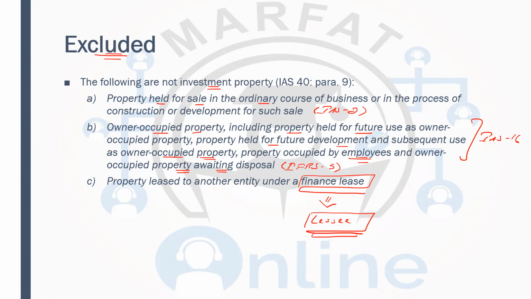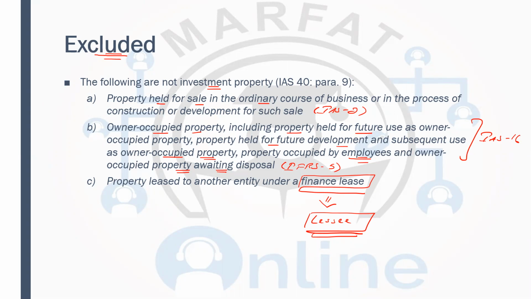The control belongs to the lessee. That is why the lessee is going to record those assets, and the lessor is only going to record those lease payments which they will be getting. So the asset belongs to the lessee in the finance lease. So the lessor cannot record the asset in that case. They are only going to record the lease payments which they will be getting.